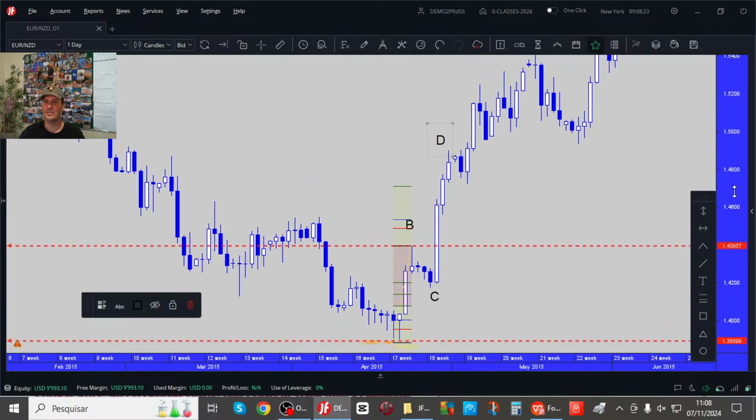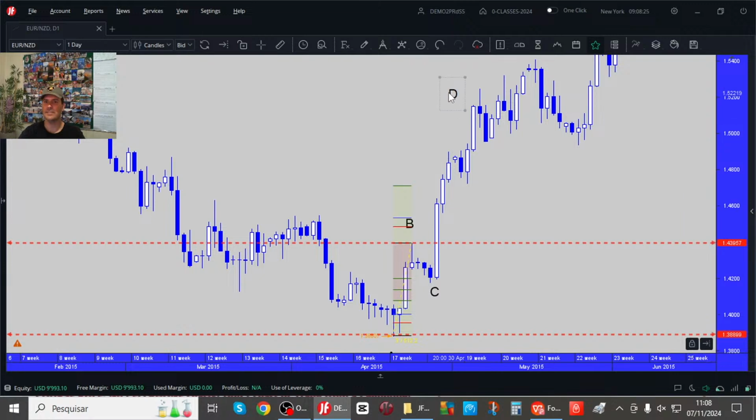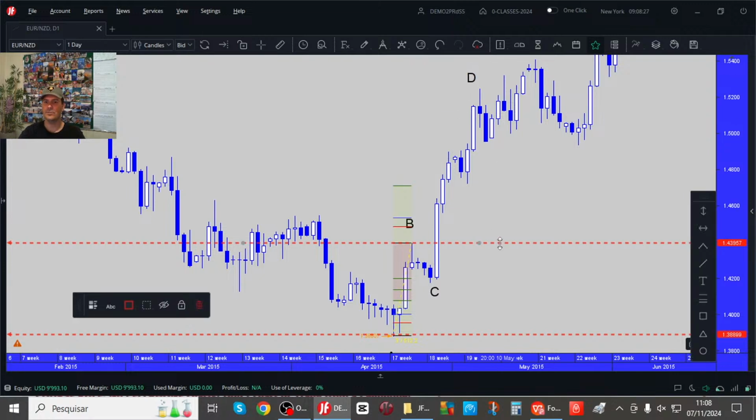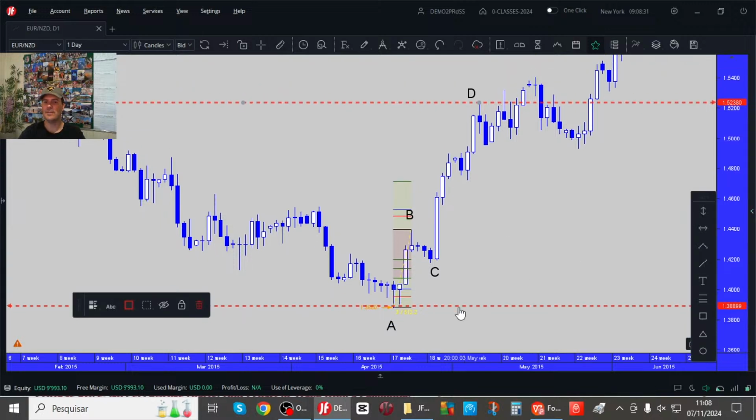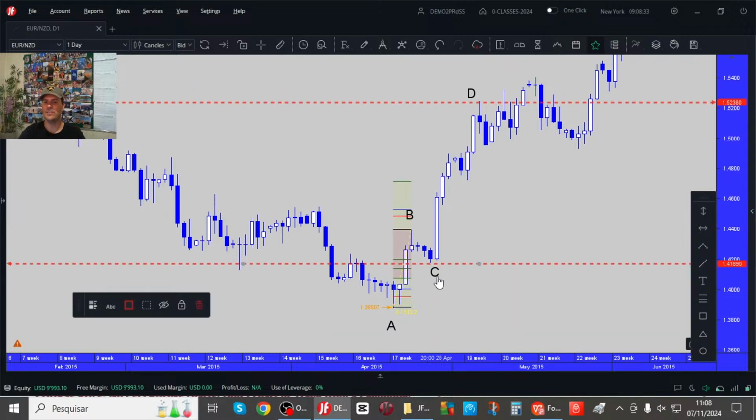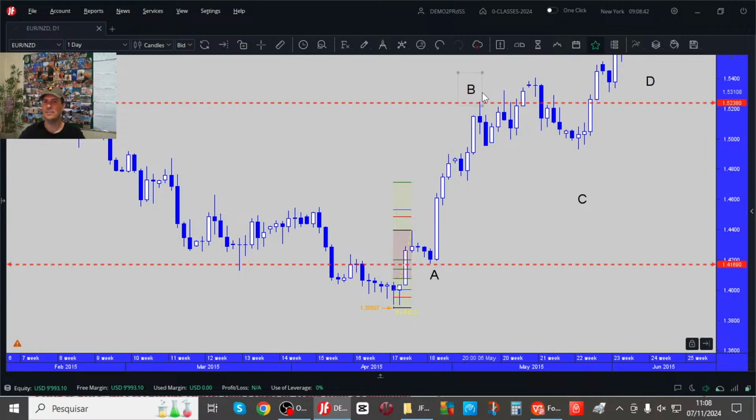You need to be very careful about not messing up with the D. Green goes to green, now this is the D, and from the manual, A goes to C, B goes to D.